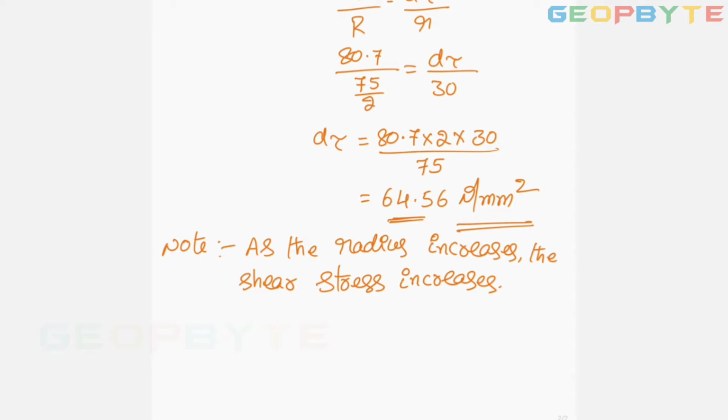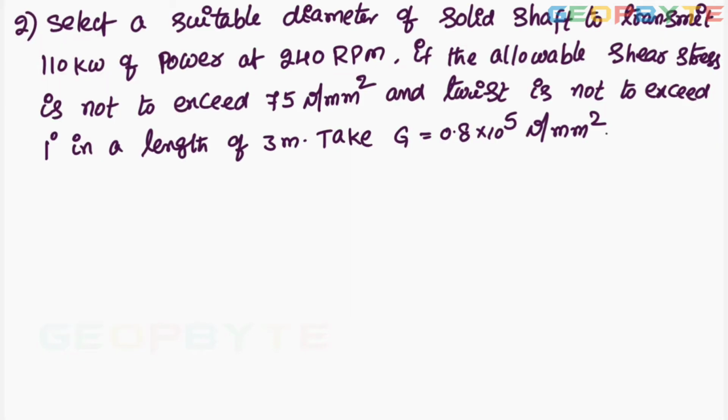Now let us take another problem. Select a suitable diameter of solid shaft to transmit 110 kilowatts of power at 240 rpm.